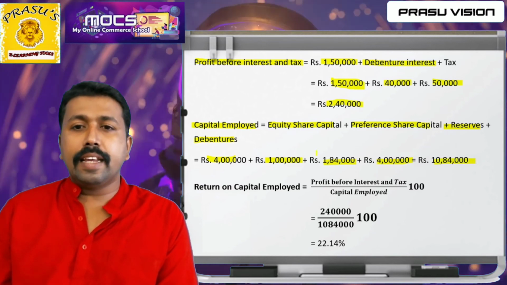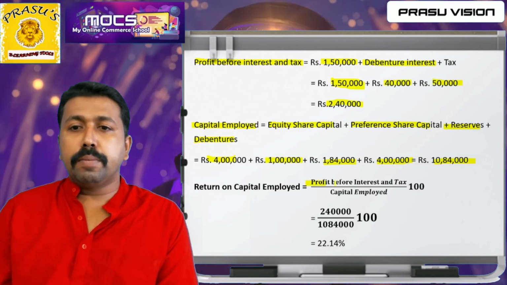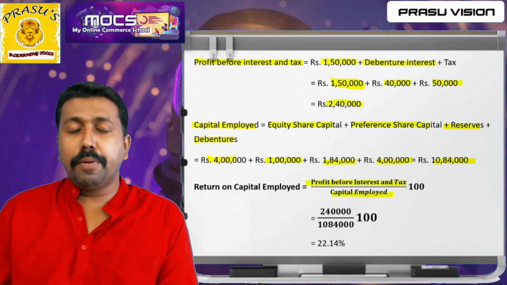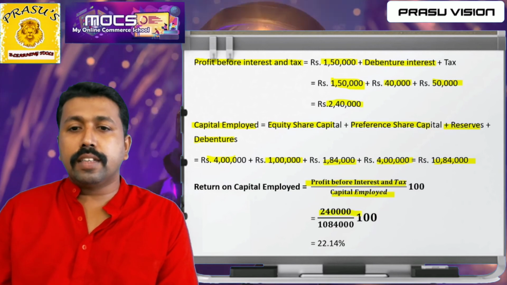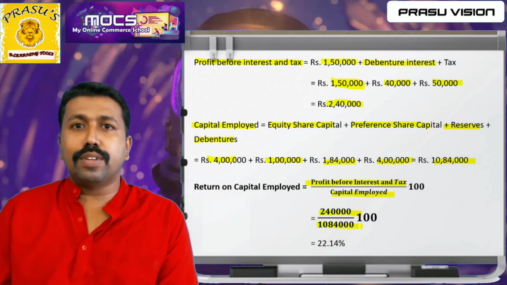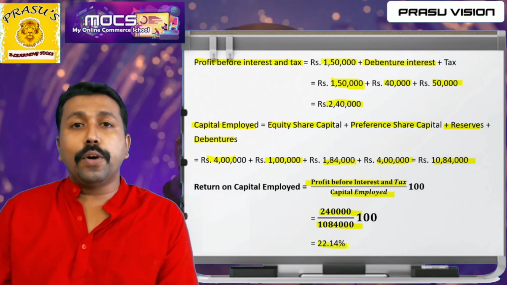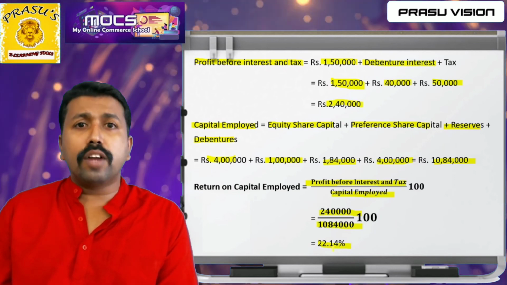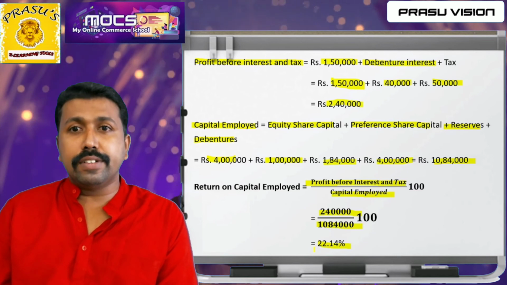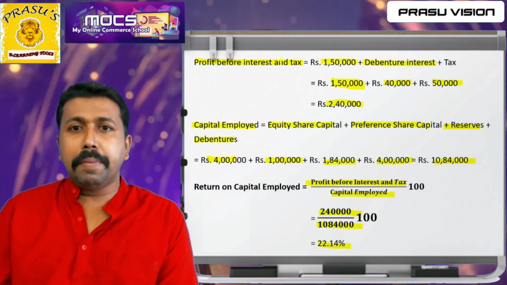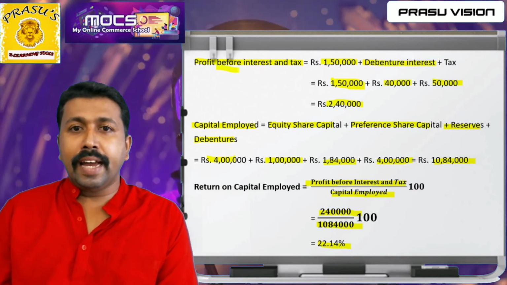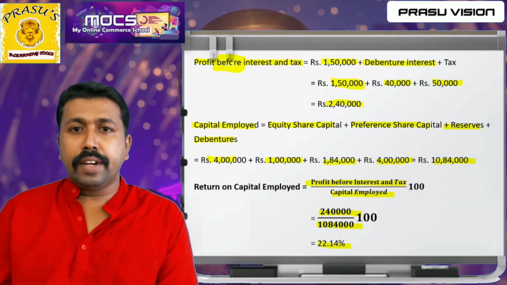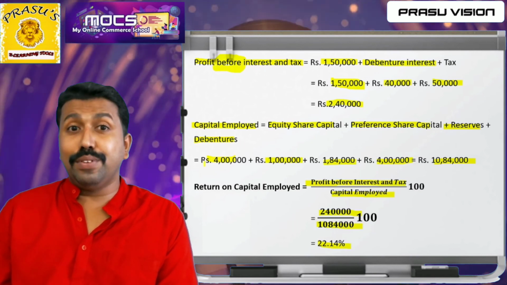Then we can directly apply in the equation: profit before interest and tax divided by capital employed into 100, that is 2,40,000 divided by 10,84,000 into 100, 22.14%. So it's very simple to calculate, but we have to remember the sub equations and keep in mind the words before and after. Before and after sometimes confuse.